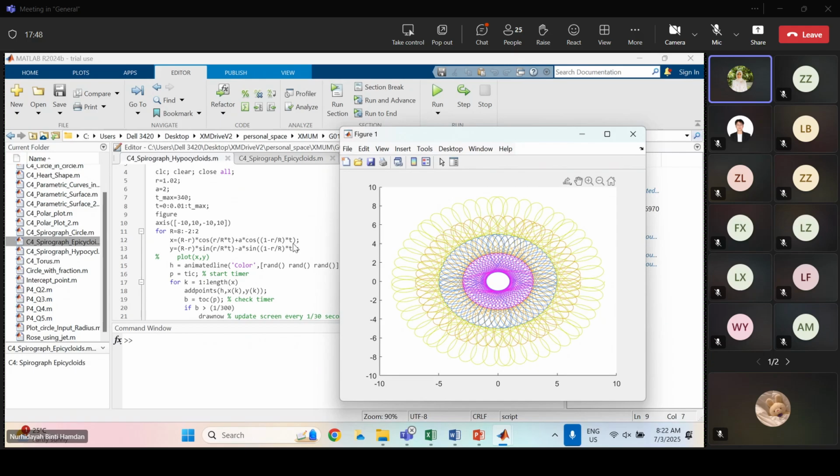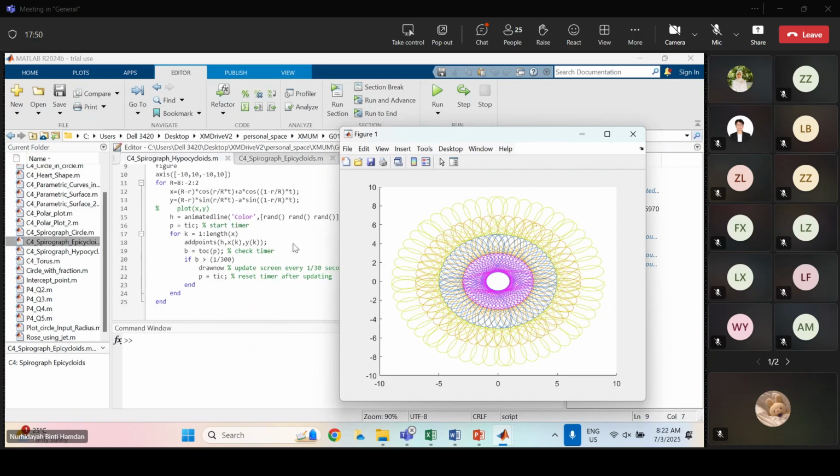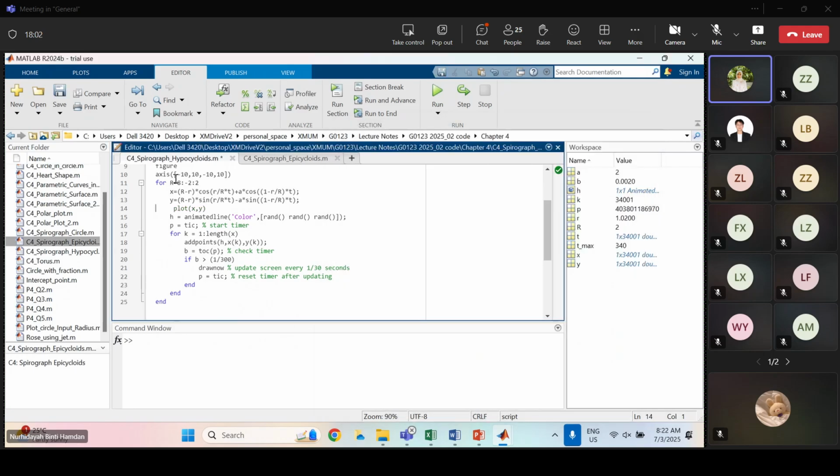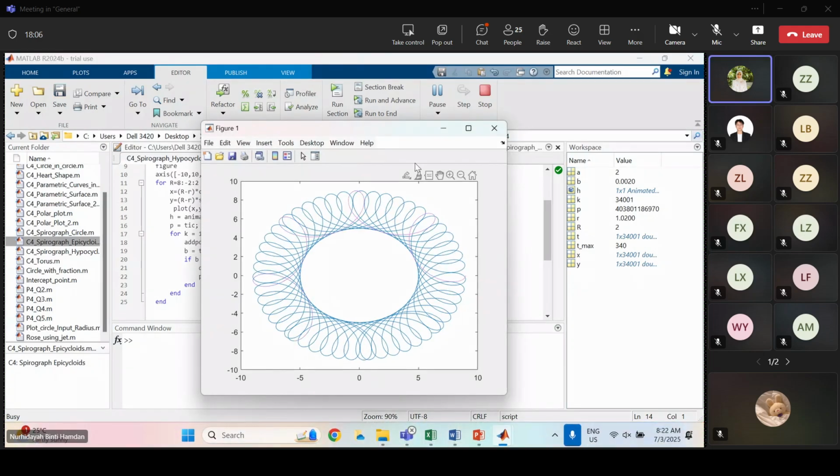So we have a time. You can also eliminate the time here. If you don't want it to depend on the time, you can just comment it out. So this is the hypocycloid.